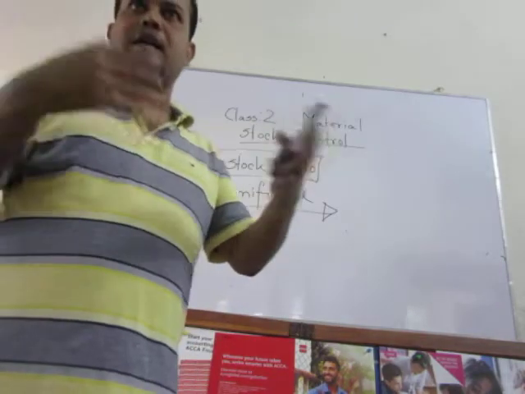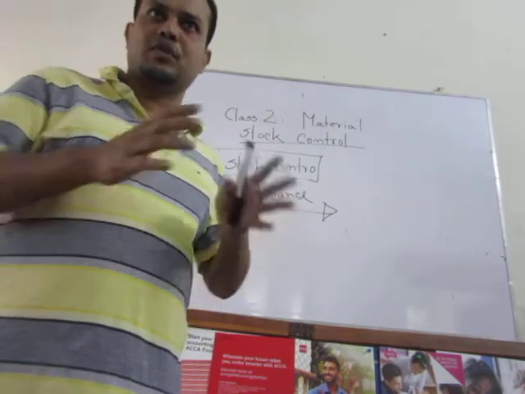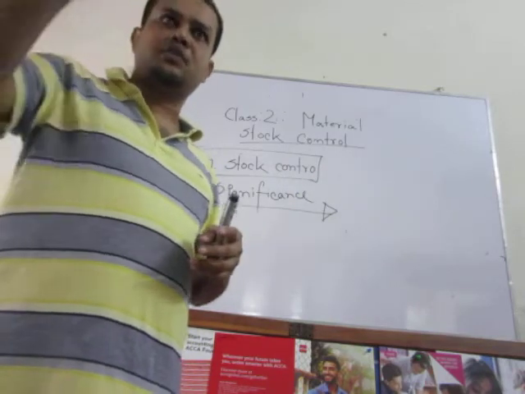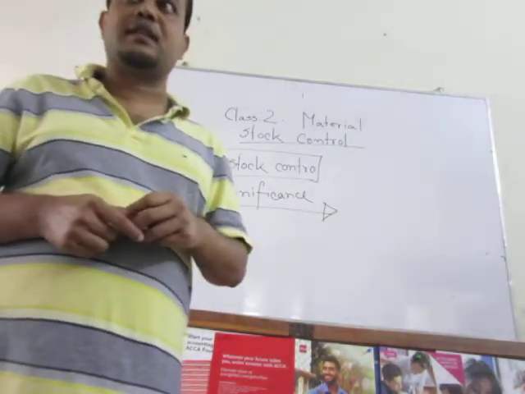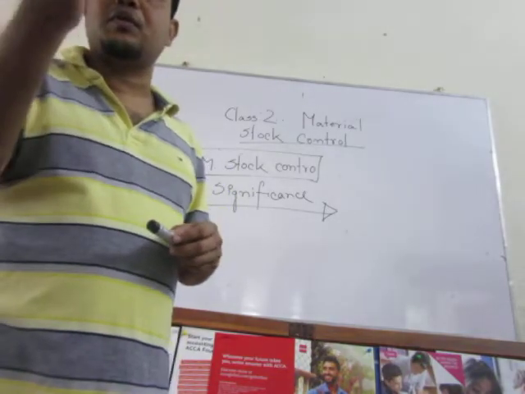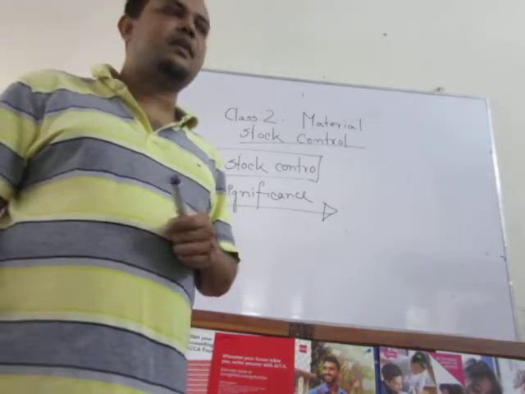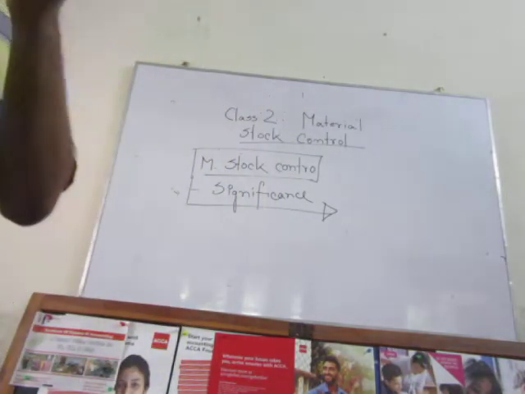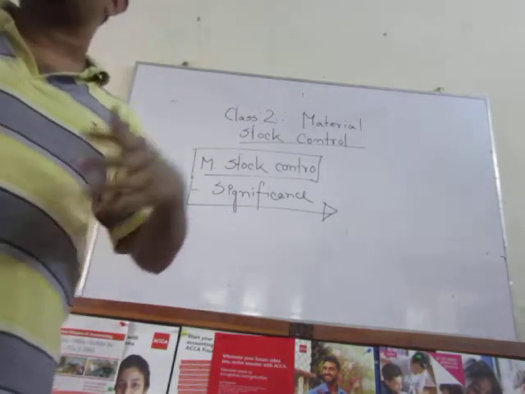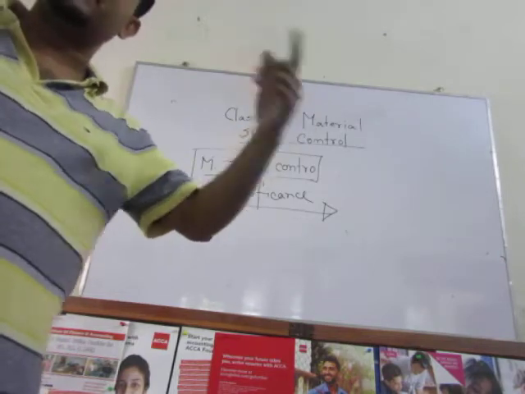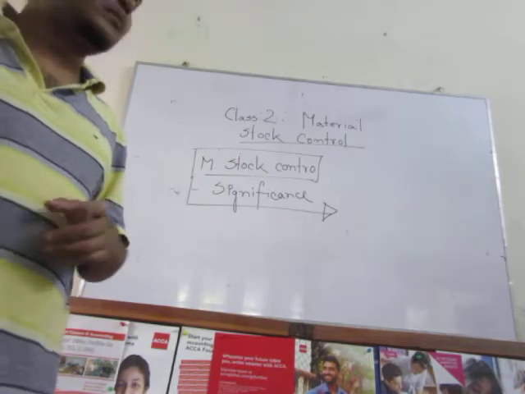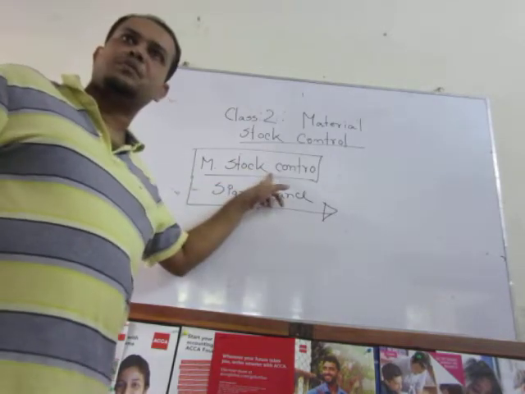And it's a kind of opportunity cost. Because if you do not run the production process continuously, you cannot achieve economies of scale. That means you cannot lower your cost per unit. That's why you always have to manage yourself to stock some raw materials or ingredients so that you can make the production process run continuously. So stock control should be there.